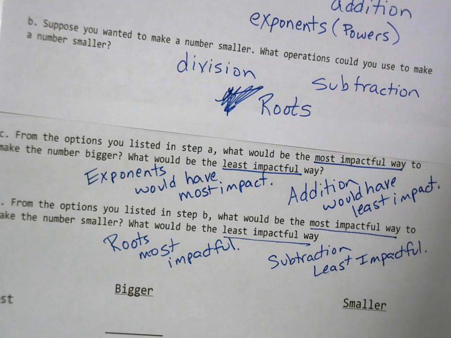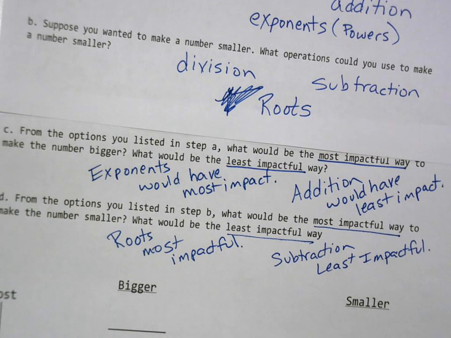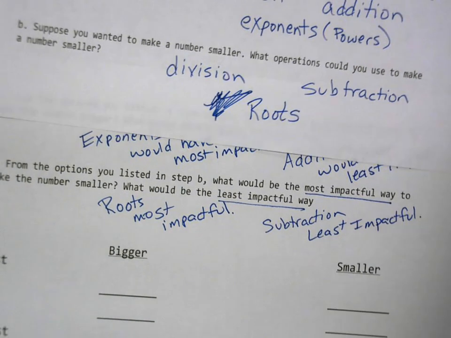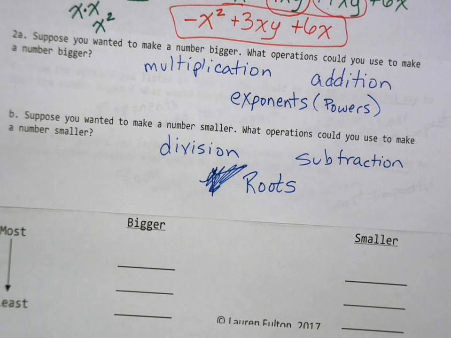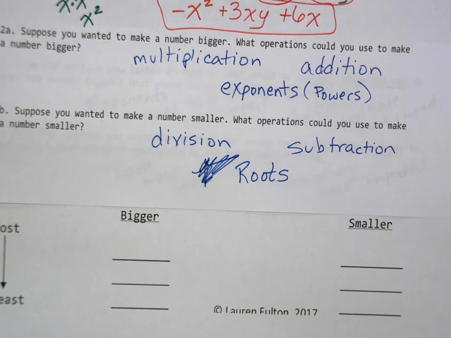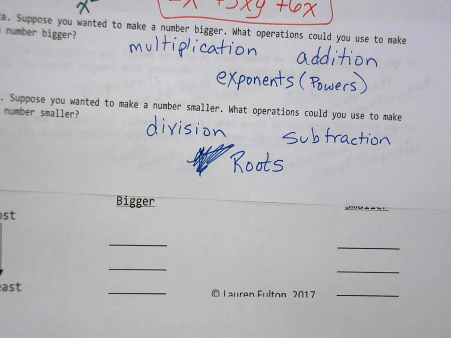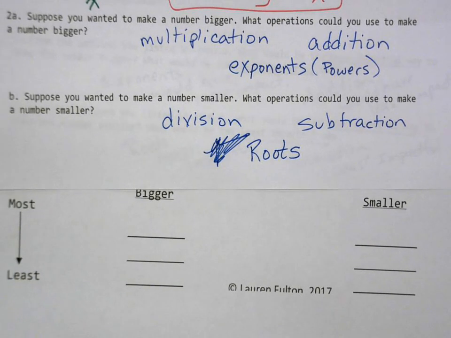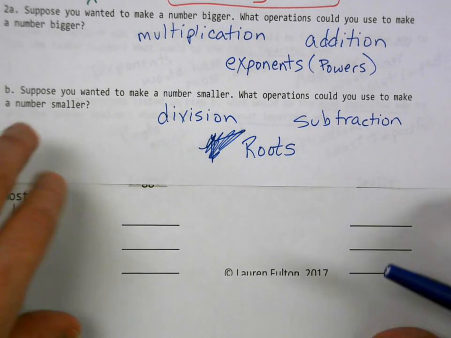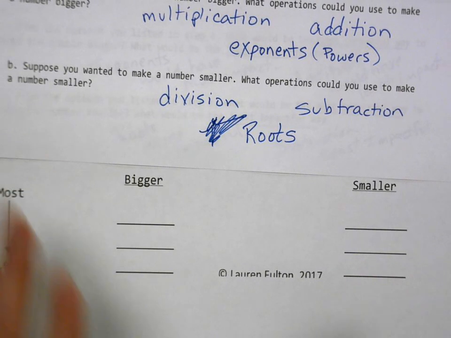Does anybody need C still? Everybody get that one because I had it covered up. So now, underneath that a little bit further, it wants you to create a ladder or some steps here.